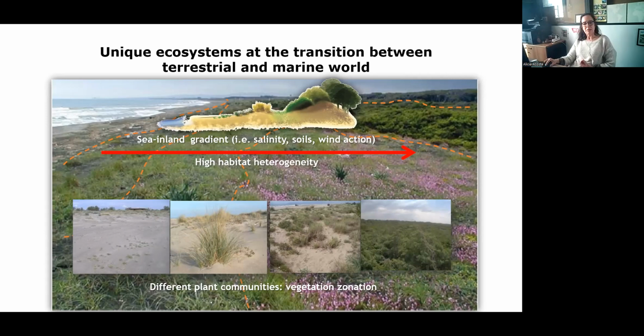You should know that this zonation is relatively well known and has been described by different authors using different approaches.